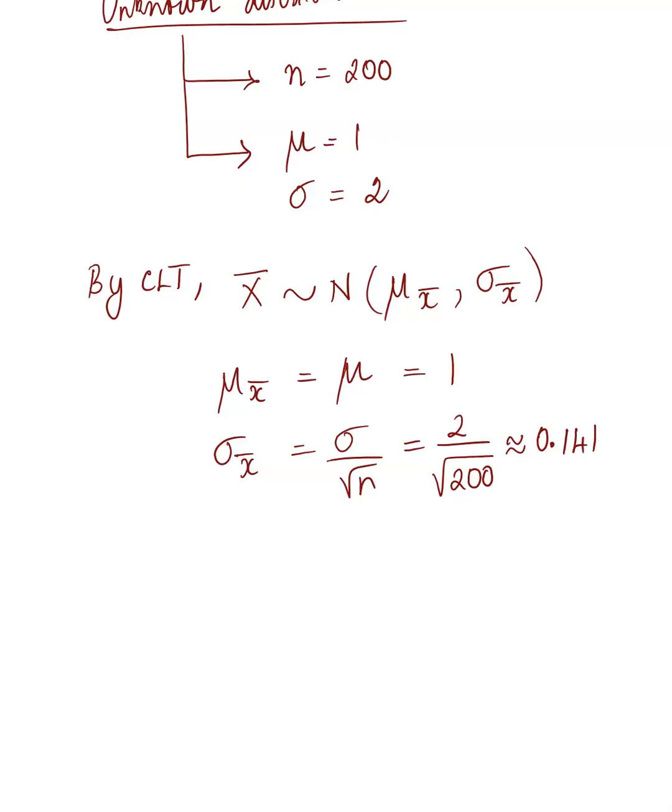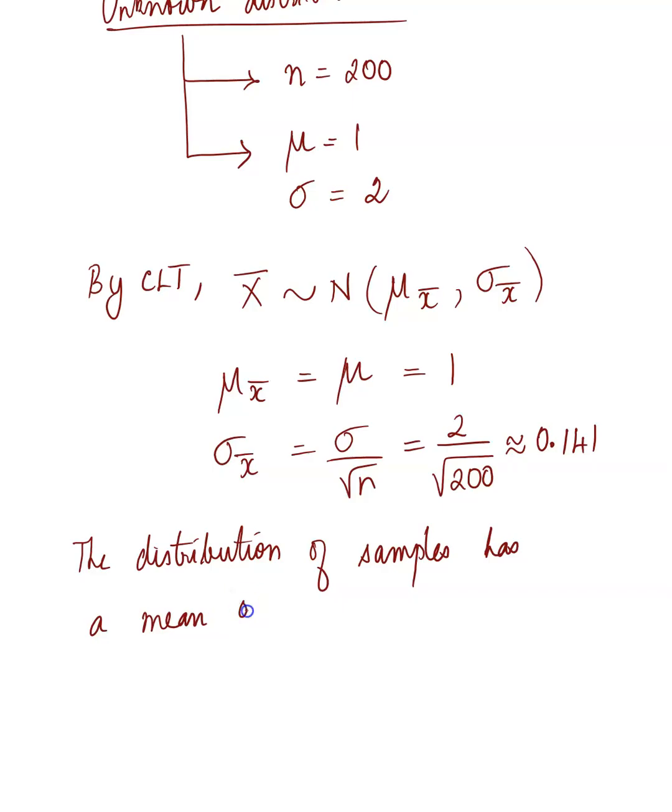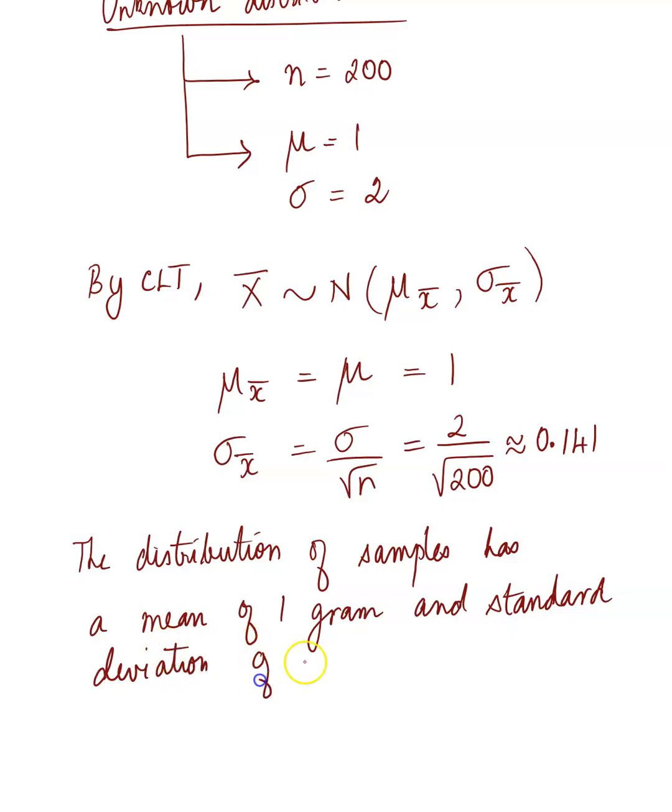Then we now want to attach the units for these. So we'll come here and say the distribution of sample means has a mean of 1 gram and standard deviation of 0.141 grams per million tons, because we divided by the square root of n.